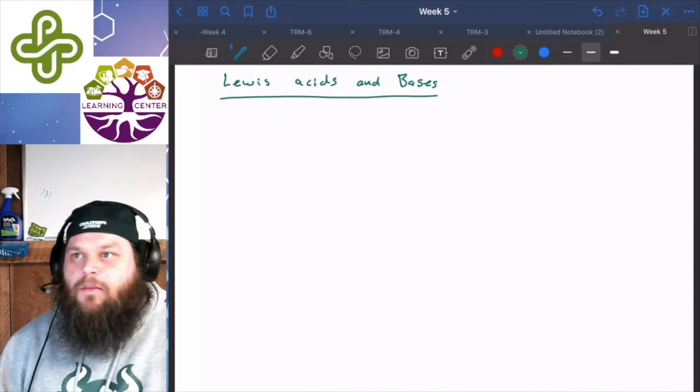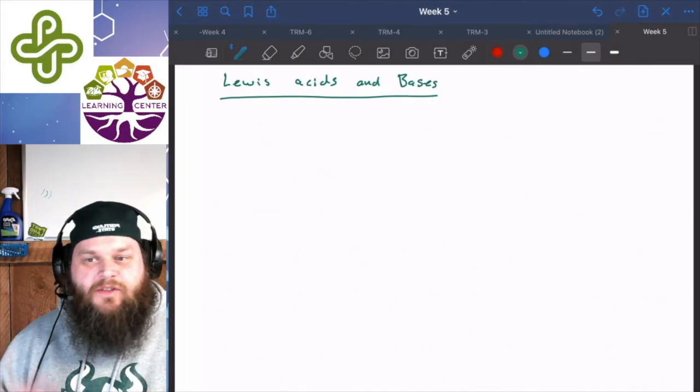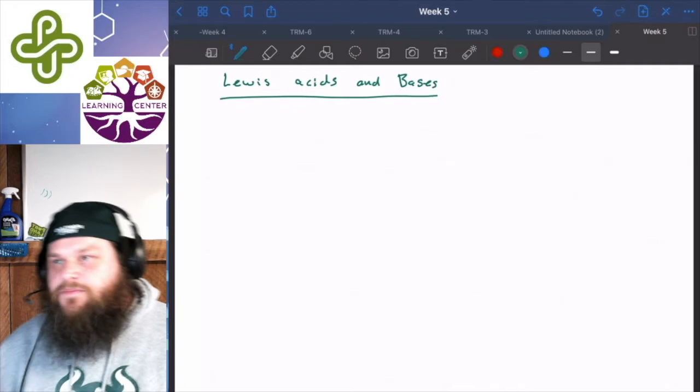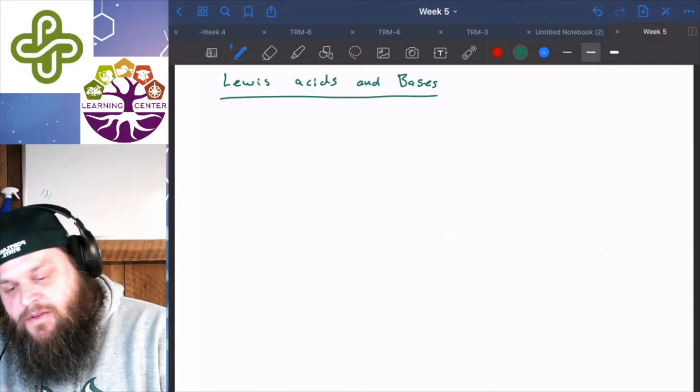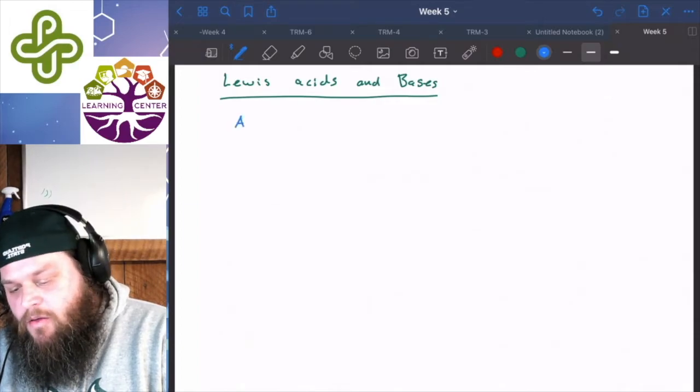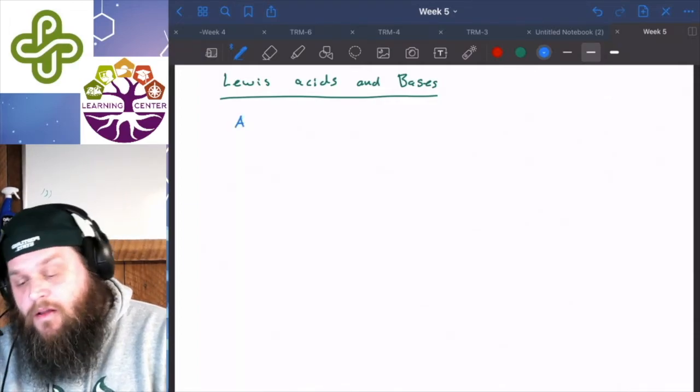Now we're talking about different species which can operate as an acid or a base in a different way. So we talk about this idea of a coordinate covalent bond.